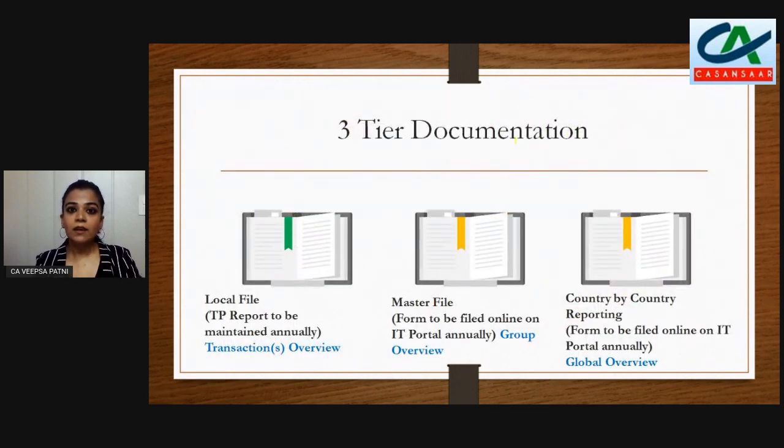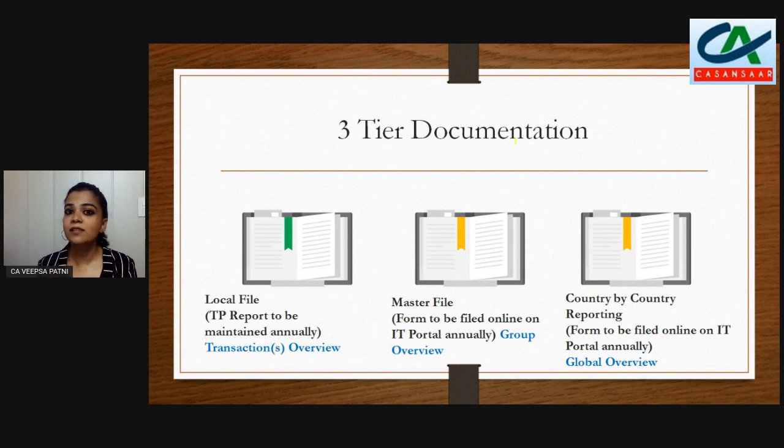To justify that transfer pricing is actually matching the arm's length principle, to justify whatever transaction ABC India is having with its parent or any associated enterprise in any foreign jurisdiction, it is very important for an assessee, for a taxpayer, for the company to maintain proper documentation.